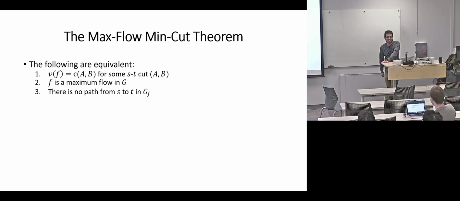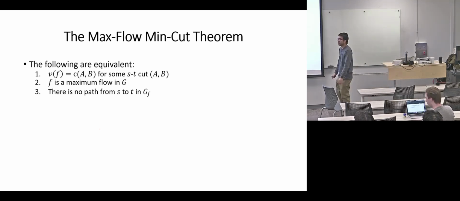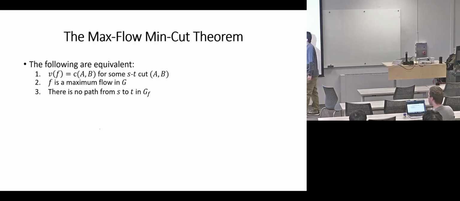Anyone else? Yeah, for every path there'll be at least one edge that is saturated, so you can make the cut along that. That is the case, but you can argue more directly. When do we stop the Ford-Fulkerson algorithm?